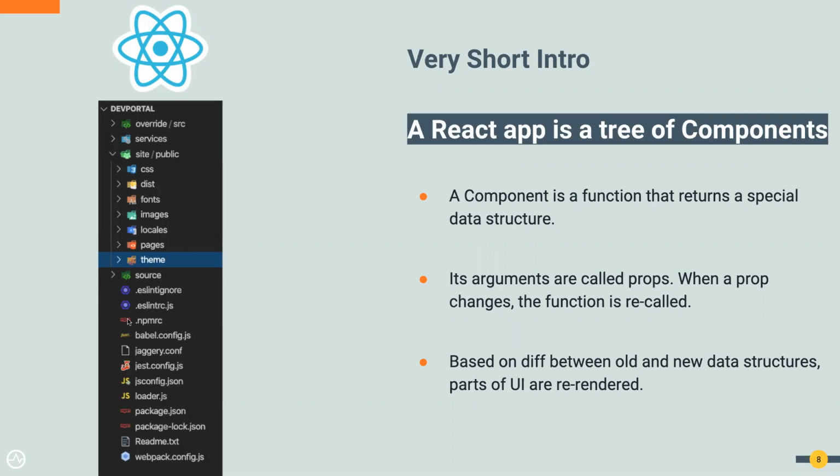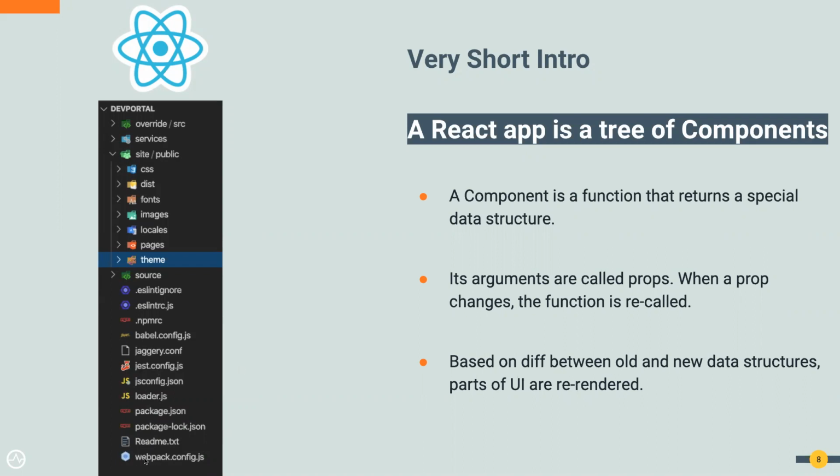We are using ESLint and npm for dependency management, and Babel for the transformation. The app is running on a web server called Jaggery, so we have this Jaggery configuration file, and we are using the Jest test framework for running the unit tests. We will discuss this loader in the advanced customization topic. And that's it for the structure.